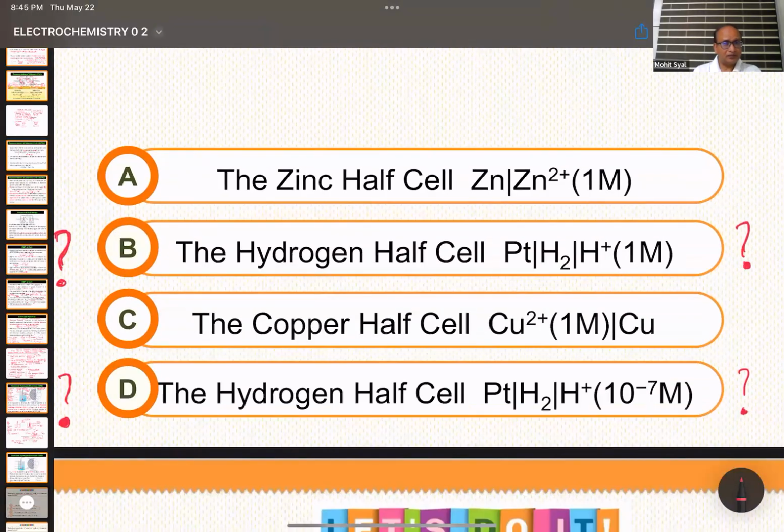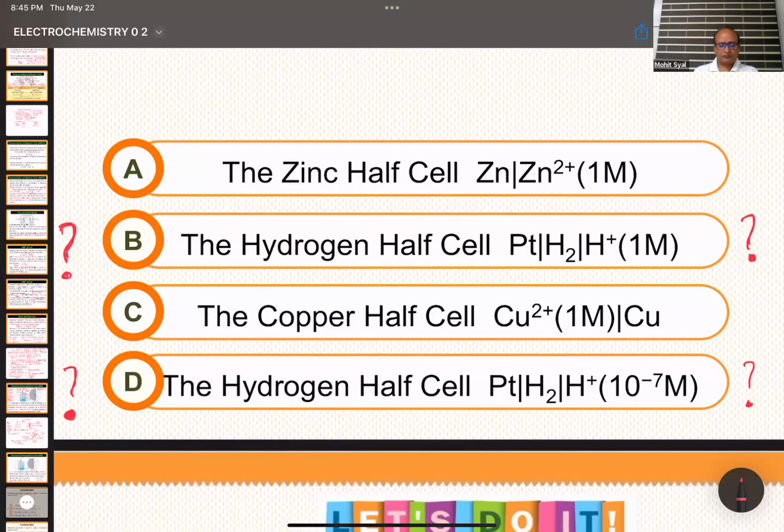Which one? B. Yes, why B? Because standard hydrogen electrode, standard condition. So what should be the concentration of HCl?